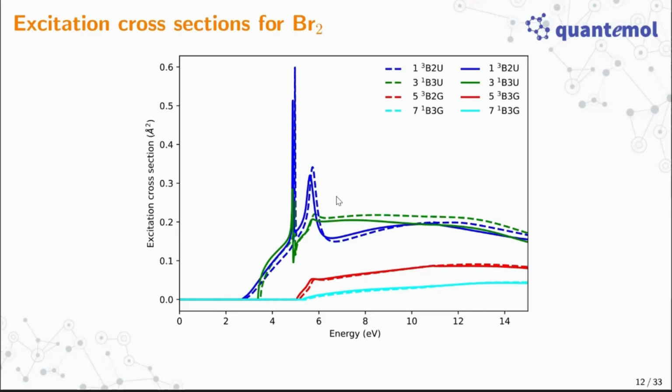So this really represents very good agreement and improves our confidence that things have been implemented correctly. There are higher lying states in Br2, but their cross sections really are negligible. As you see, they're falling off towards 0 in magnitude. These are just the first few that actually have a significant cross section.